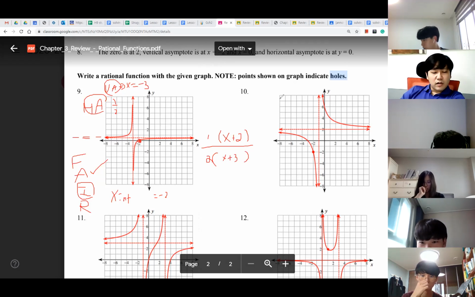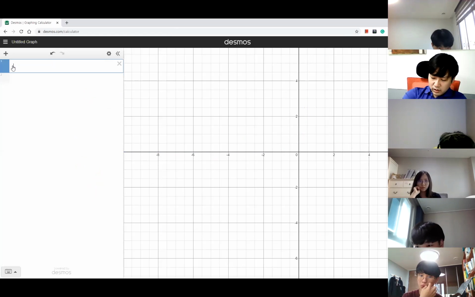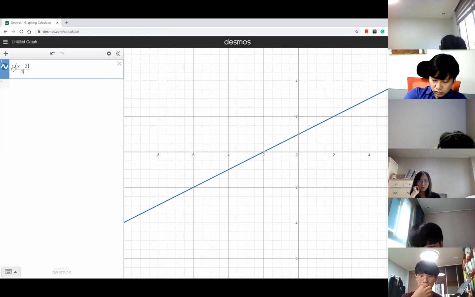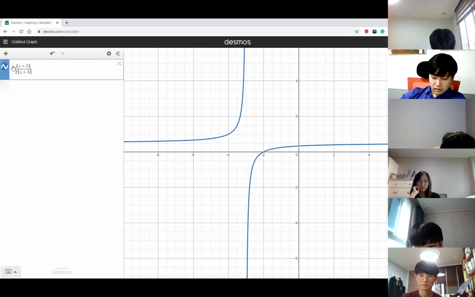But Jessica, here's the thing. If we put that into the graphing calculator, I'm gonna say x plus 2 over 2x plus 3, that actually gives us this kind of graph. You don't need the negative.